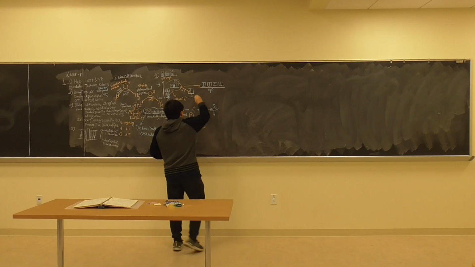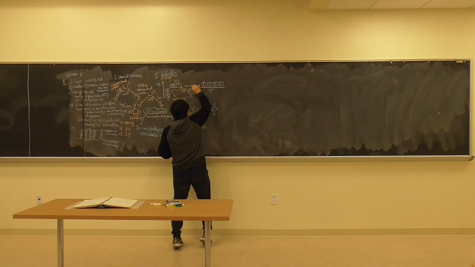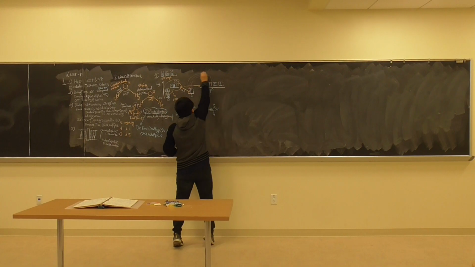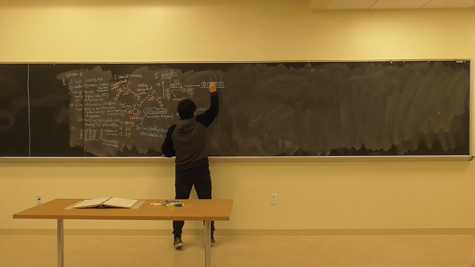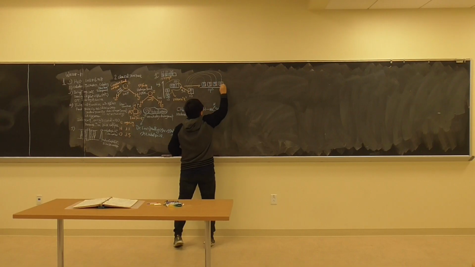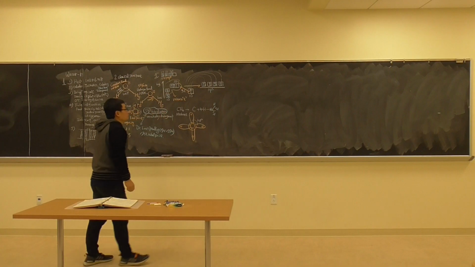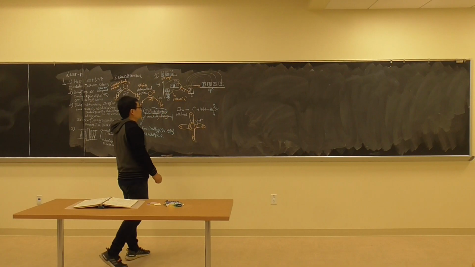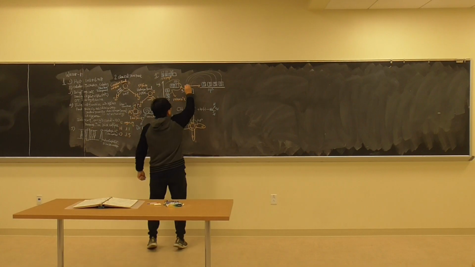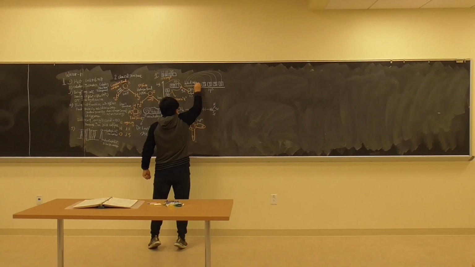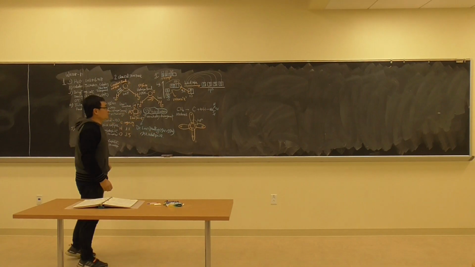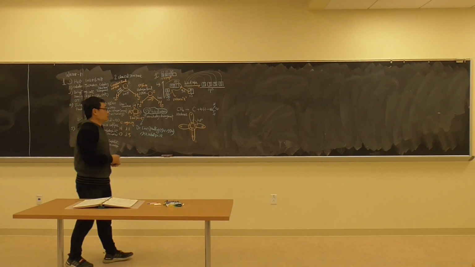And then this guy goes in, this guy goes in, this guy goes here, and this guy also goes here. So they become like that. That is called sp3 hybridization. So that is his first result.